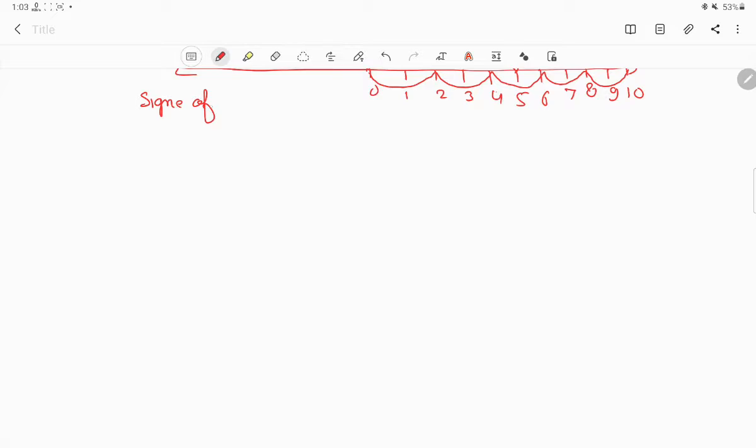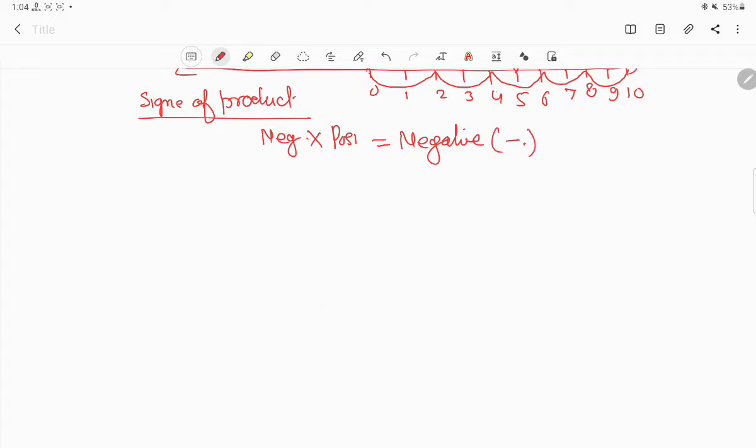If you multiply negative with positive, the sign is negative.